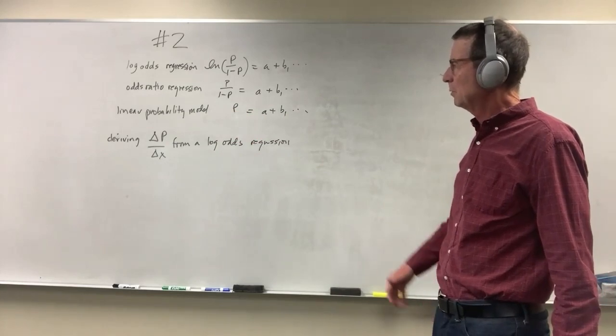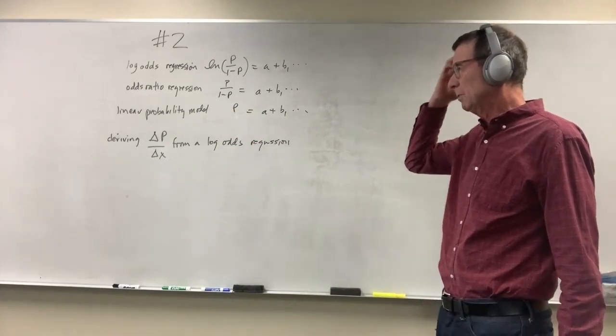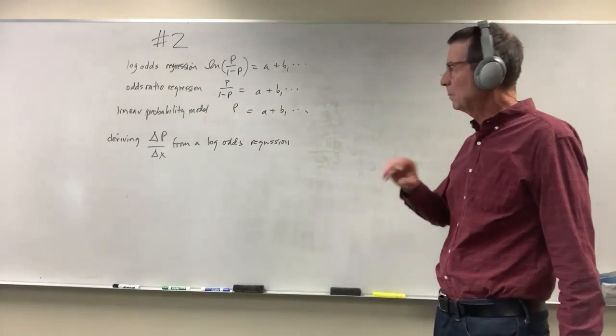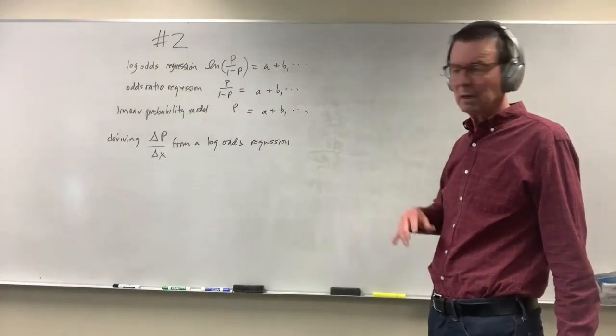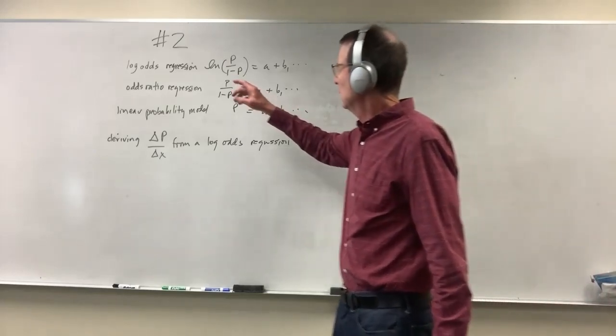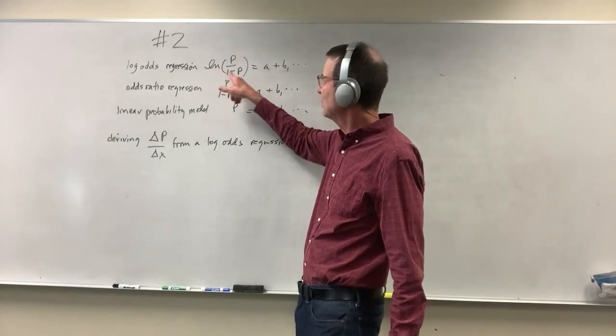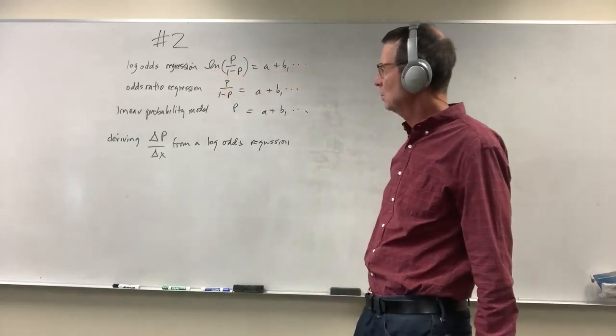So people have come up with several different transformations of a probability that have better properties. In other words, they don't give predictions beyond the 0-1 range. The most popular is a logistic regression, right? Where it's the log of the odds as the function of the independent variables.